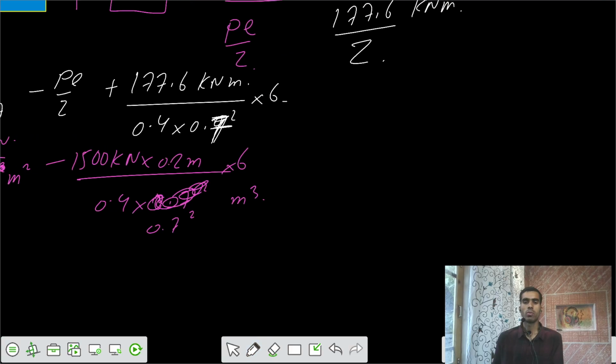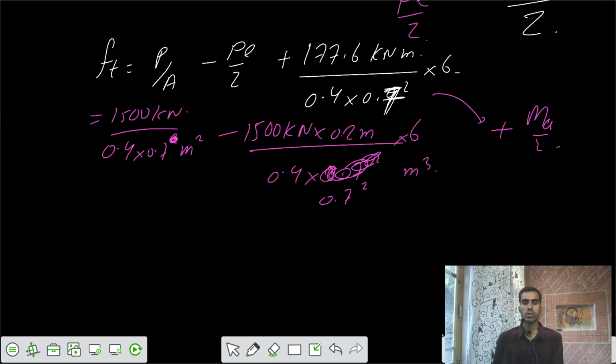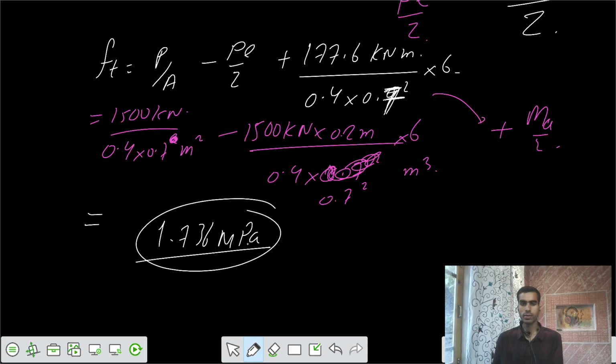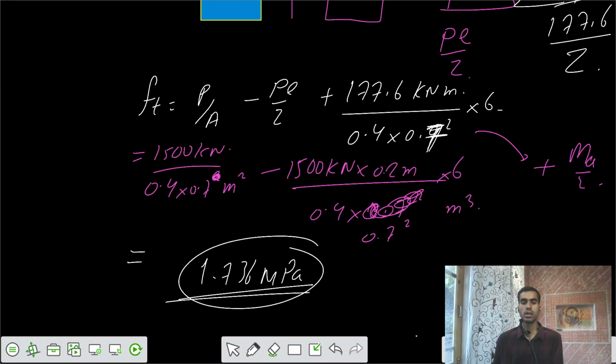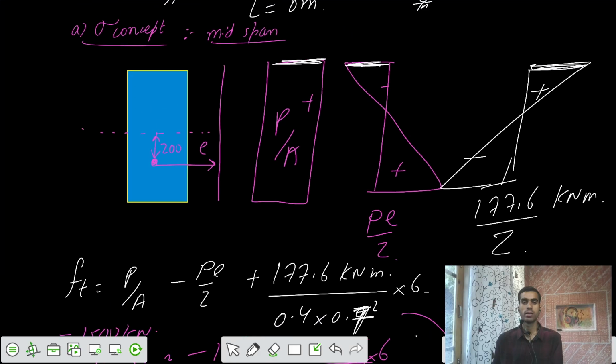Then we have one more, that's the moment M by Z, which we have already written there. So finally the stress at the top is equal to 1.736 megapascals.